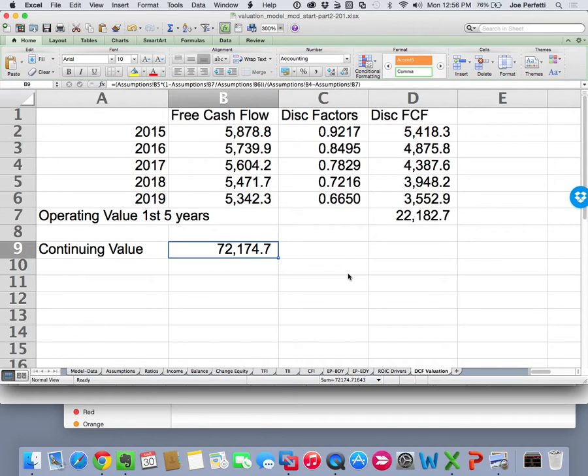All right? But the continuing value equation, which is the growing perpetuity equation, includes a discount factor. So it's actually discounting that to a present value, but the present value is as of the beginning of the year of the continuing value, which means it's the beginning of 2020. So I still have to bring it back to today.